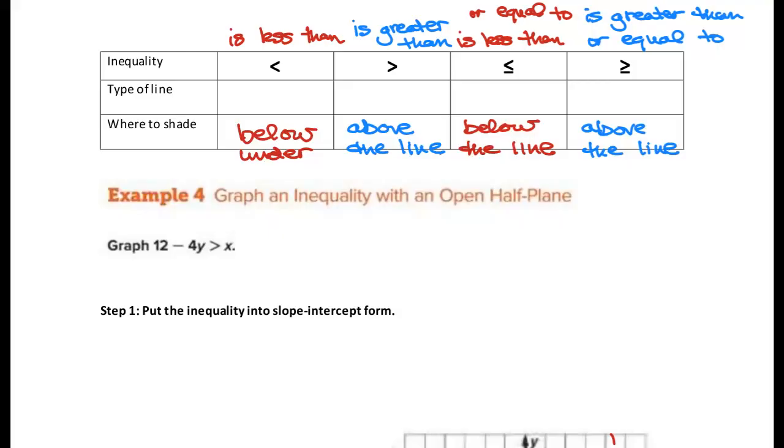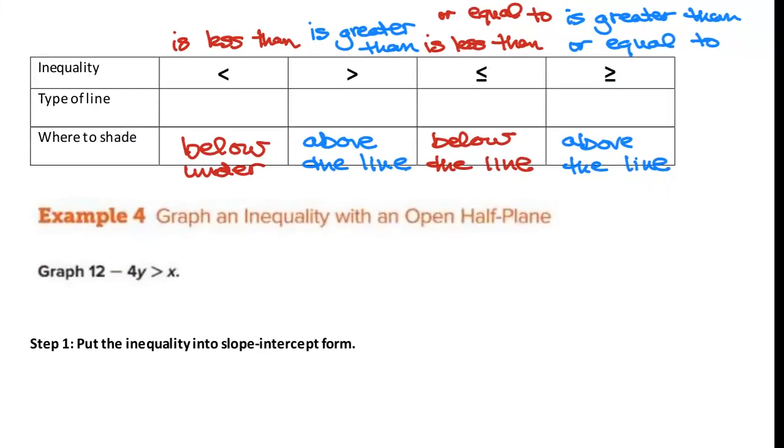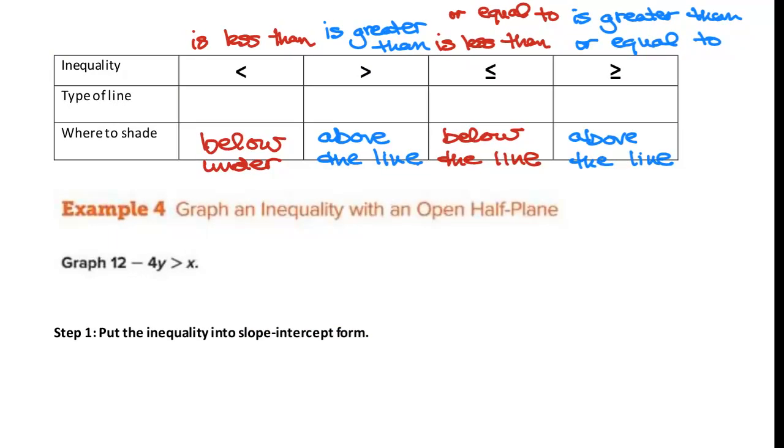All right, now, which of these inequality signs look similar to an equation or an equal sign? Which of these looks the closest to an equal sign? The first, second, third, or fourth? The first sign looks kind of like an equal sign.